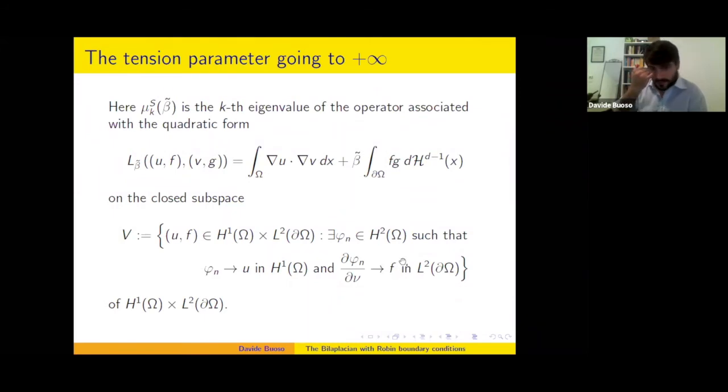So this space is very strange, also because if omega is not smooth enough, this space is going to be a strict subset of H1 times L2 of the boundary. And the properties up to now are not very clear to us.